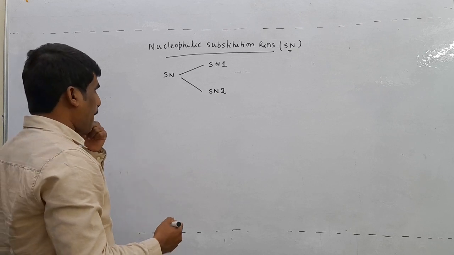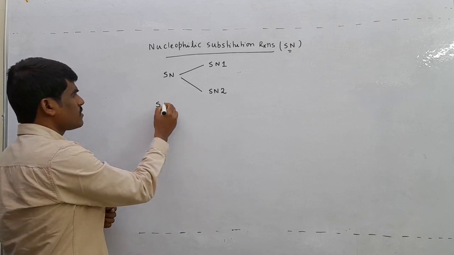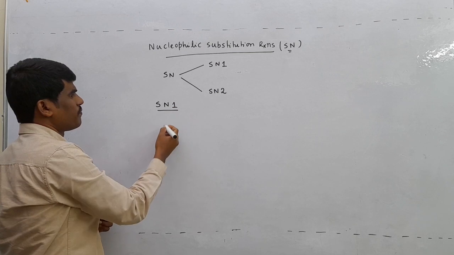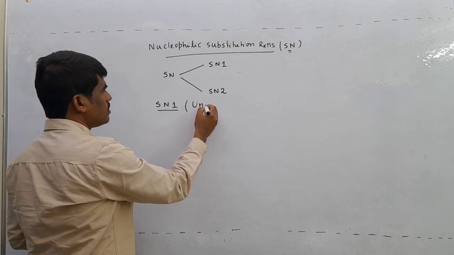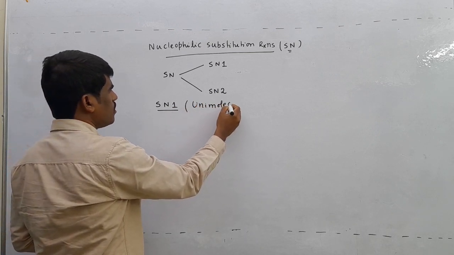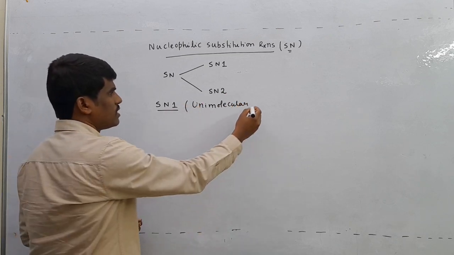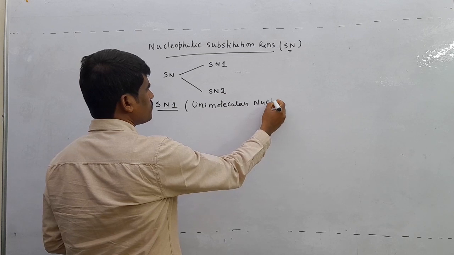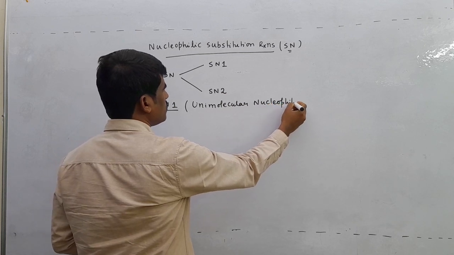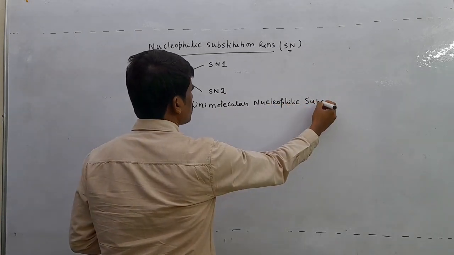Let us talk about the first type of reaction, that is SN1. SN1 stands for unimolecular nucleophilic substitution. 1 stands for unimolecular, N stands for nucleophilic, and S stands for substitution.